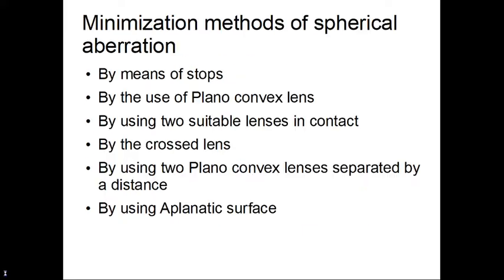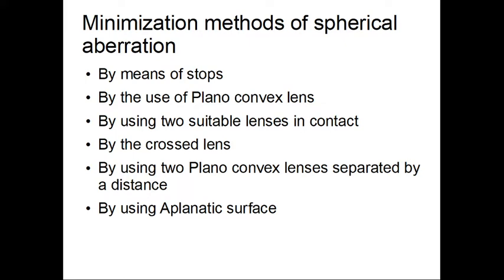The methods of minimizing spherical aberration are of many types. The first is by means of stops. If we keep stops at the paraxial rays or at the marginal rays, we get only one image, so by means of stops we can reduce the spherical aberration. The second is by using a plano-convex lens.